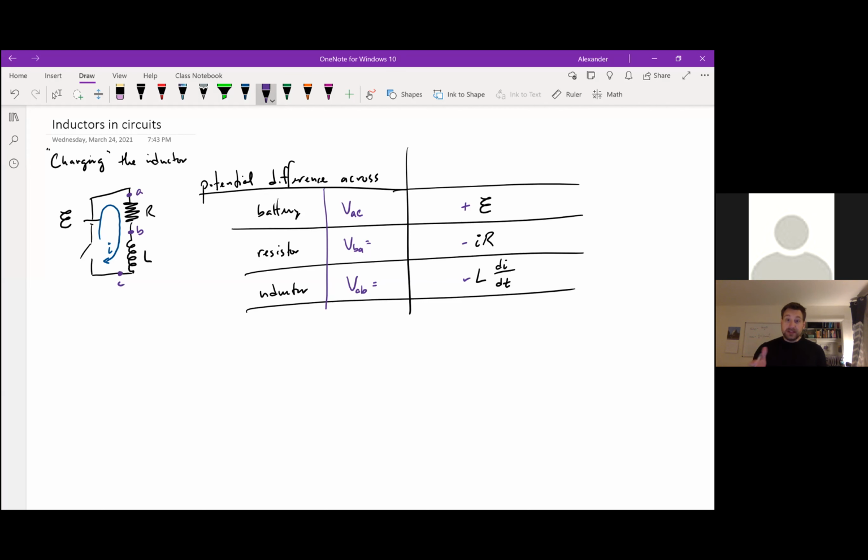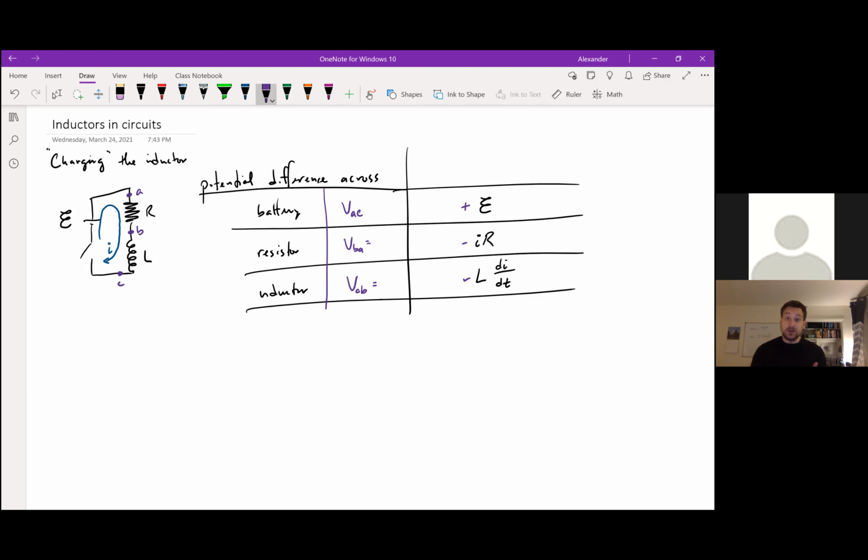We spent a little bit of time Tuesday discussing the behavior of a coil as an inductor in and of itself, right? As a circuit device that responds to the change in the current that it passes with an induced EMF.